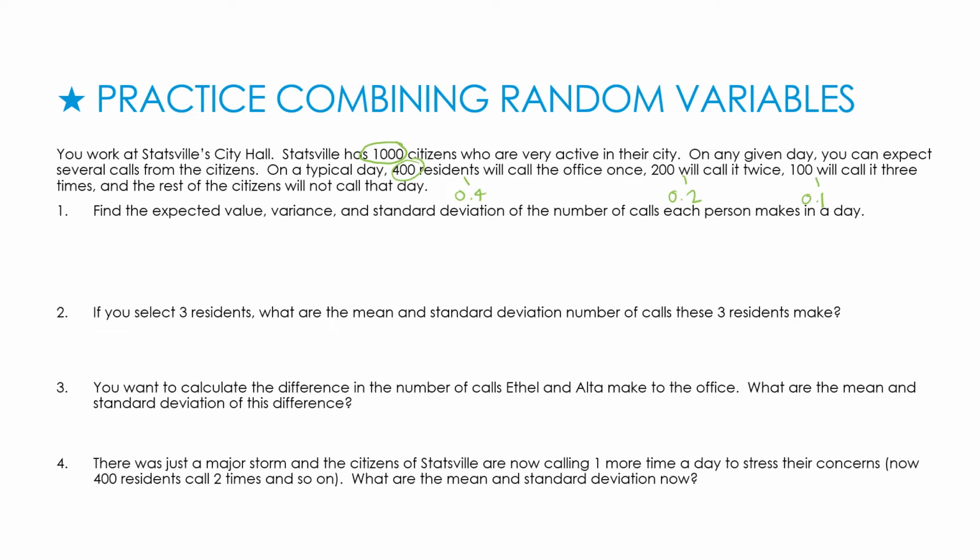So 40% plus 20% plus 10% is 70%. We know it has to add up to 100%, so that's 30% that don't call at all.